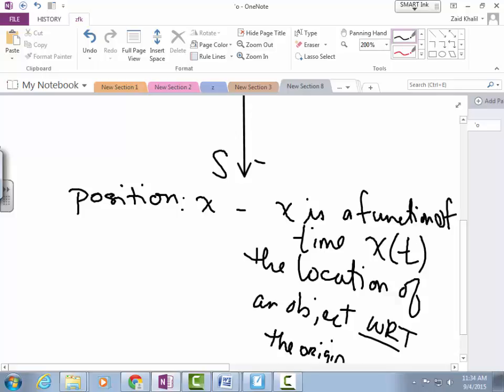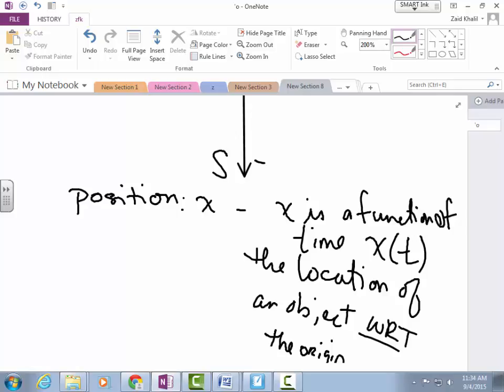With respect to? Oh, you got it. So, you're correct. You're saying, okay, I'm going to define the origin of the classroom as being the front, and therefore, you're towards the back. So, position is the location of an object with respect to the origin.